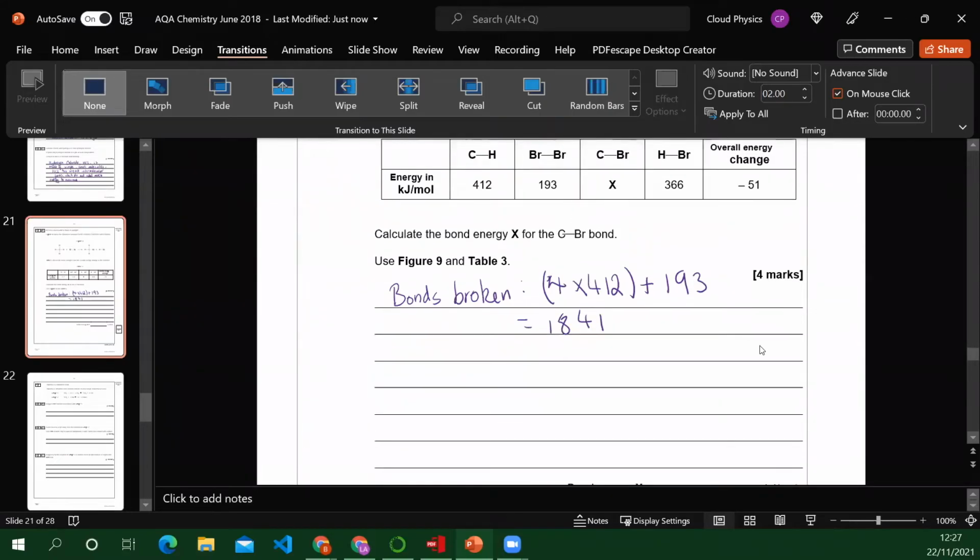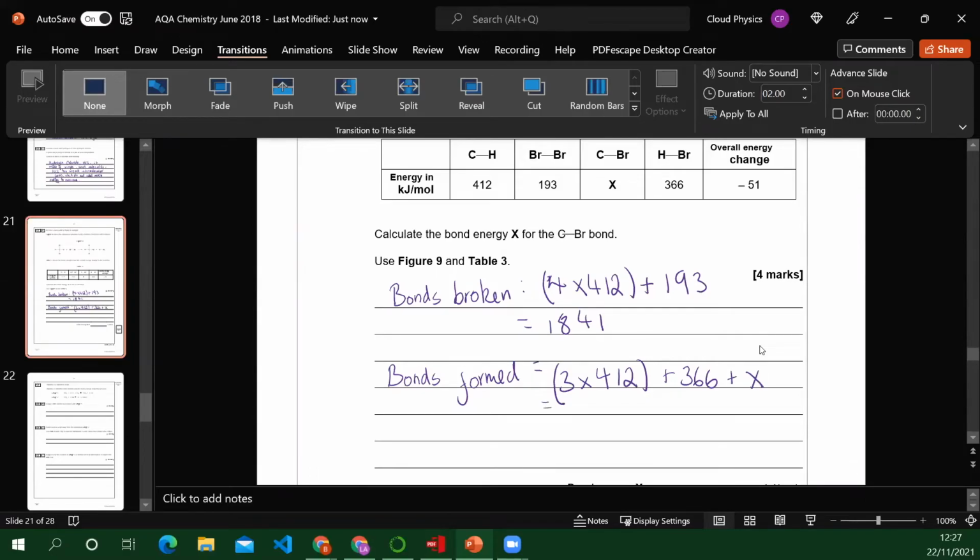Bonds formed to reform that molecule and that one. So let's do it on a separate line. It's like a maths question really. Bonds formed equals 3 times 412, because there's only 3 C-H bonds, plus the C-Br, X, plus 366 for HBr.